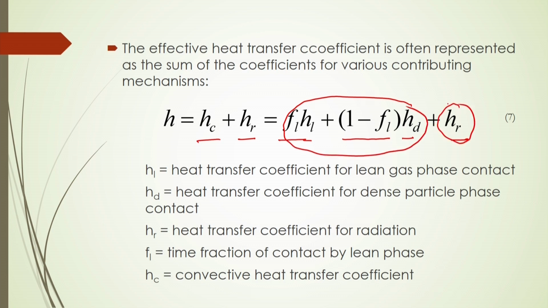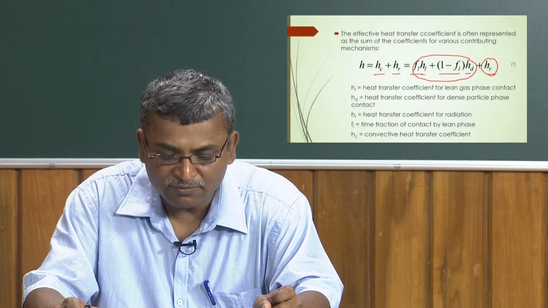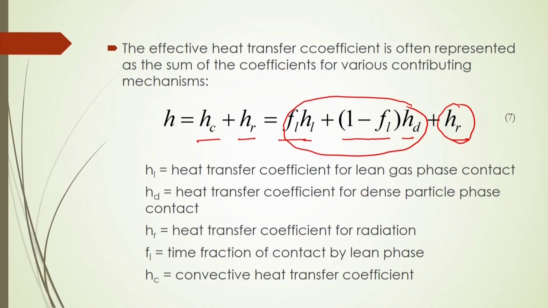Now, hc, what is this? fl into hl? fl is nothing but the time fraction of the contact by the lean phase. In the fluidized bed we have seen there will be two phases, one is the lean phase, another is the dense phase. If I consider the fraction of the lean phase as fl, then fl into hl means the heat transfer coefficient in the lean phase, whereas 1 minus fl will be denoted by the fraction of the dense phase.